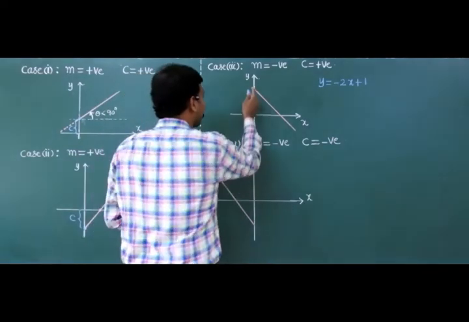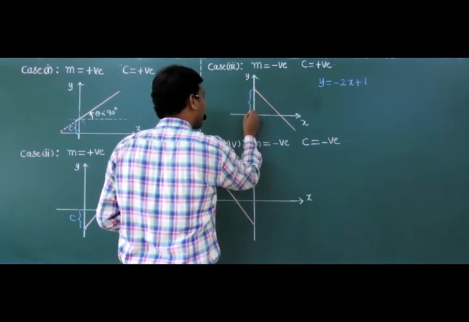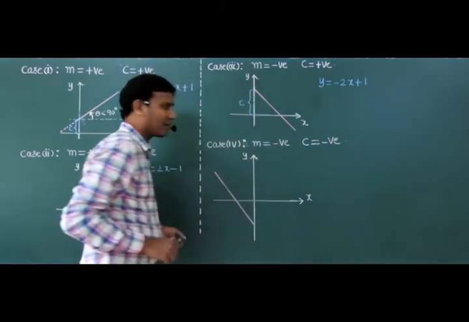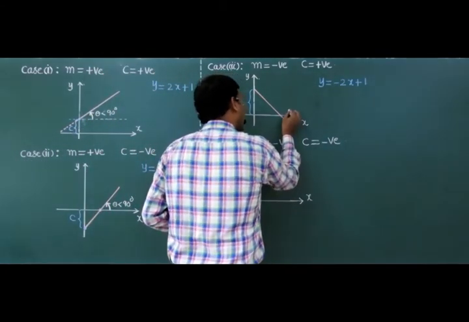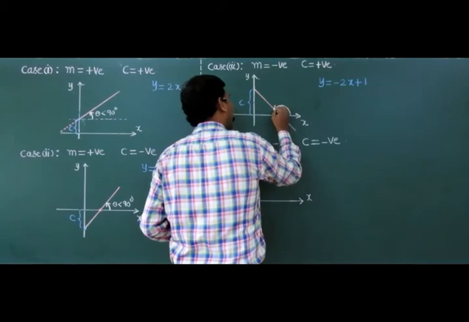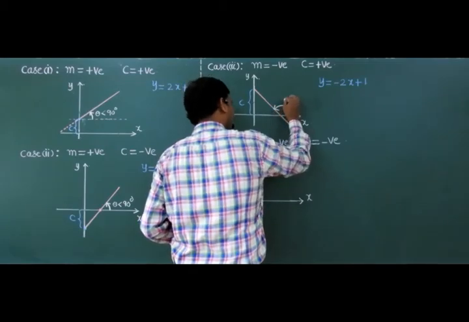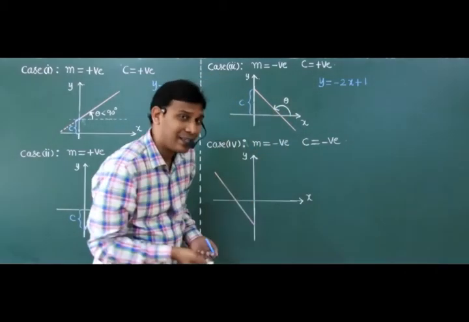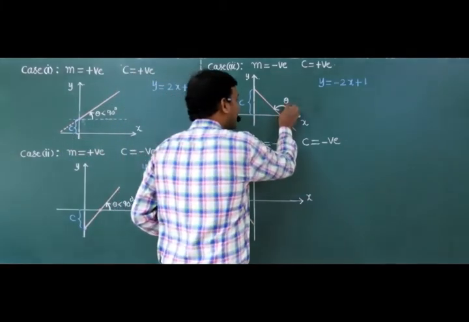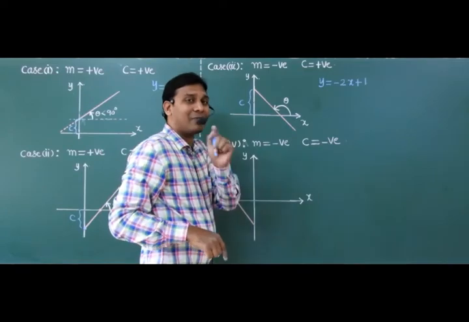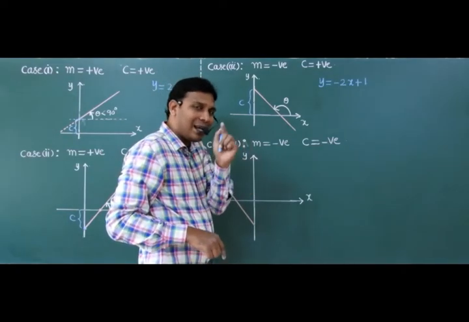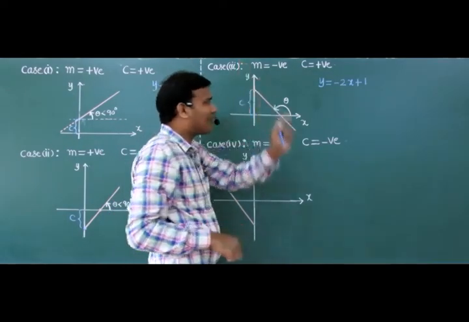This is the positive intercept. Then you know this is the angle of inclination with the positive x-axis in anti-clockwise direction. This is more than 90, less than 180. If theta is more than 90, less than 180, slope is always negative.